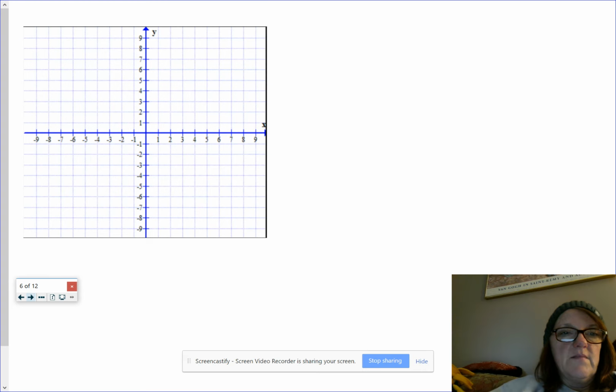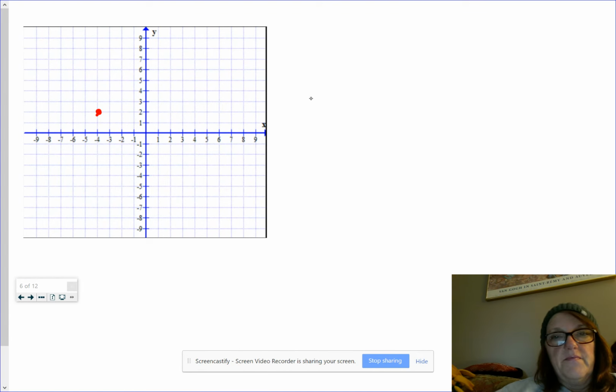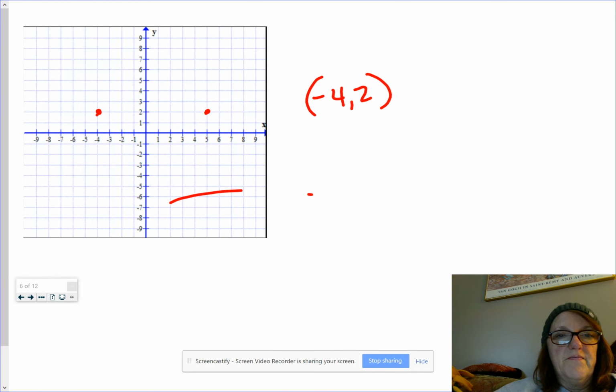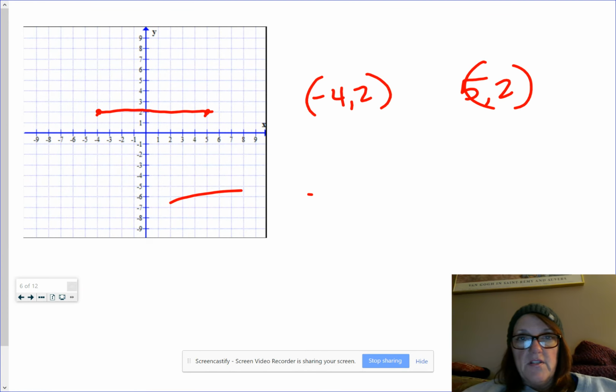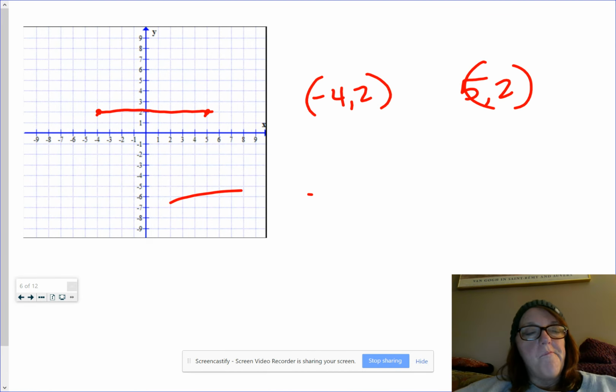Let's look at another one. Let's say something like -4, 2, and 5, 2. Connect the dots here so we see the line segment that we're measuring. All right, your job is to figure out what's the rise over the run?